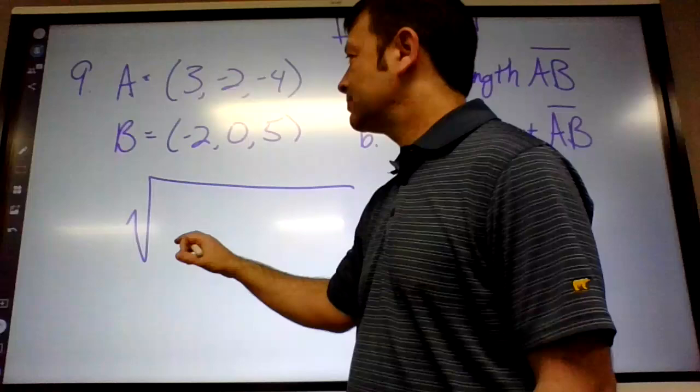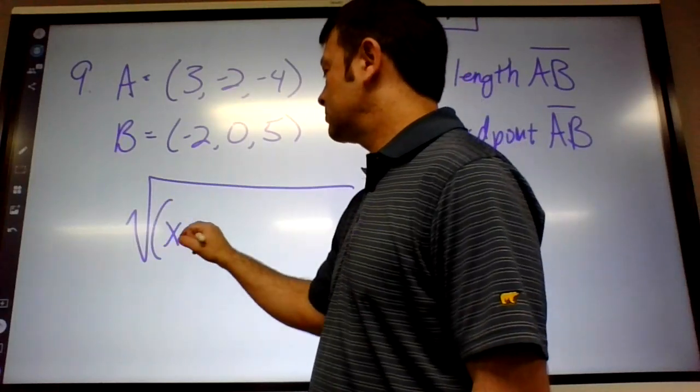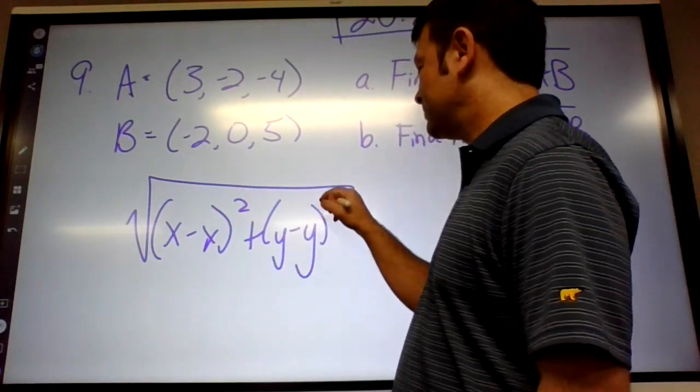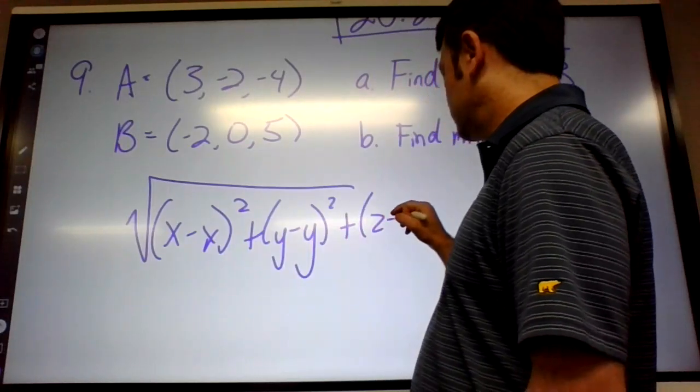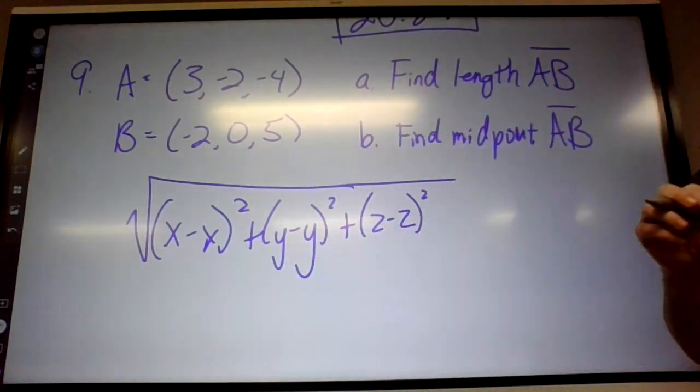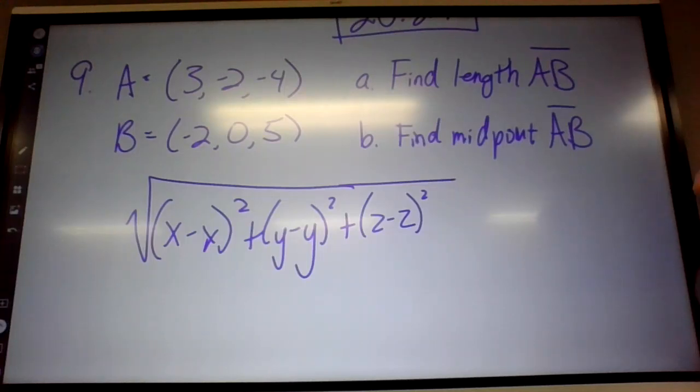X minus x squared plus y minus y squared plus z minus z squared, all under a square root.